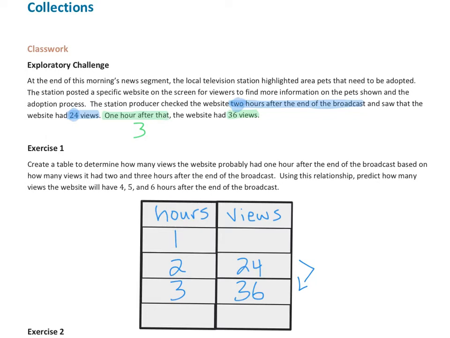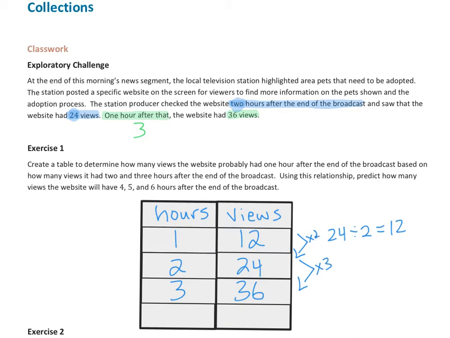What would 1 hour therefore be? Yes, so if you tried to do 24 divided by 2, you might get the number 12 and realize that for every 1 hour there are 12 views. And then I can start to see that this is just 12 times 2, 12 times 3, and so on and so forth using equivalent ratios.